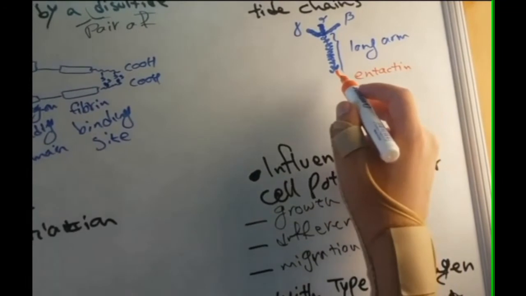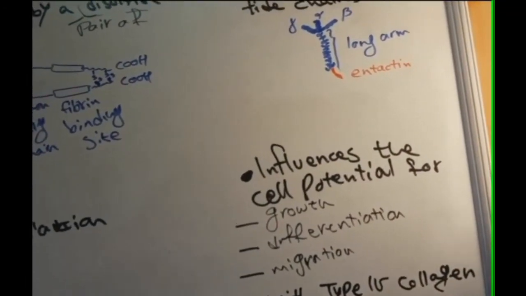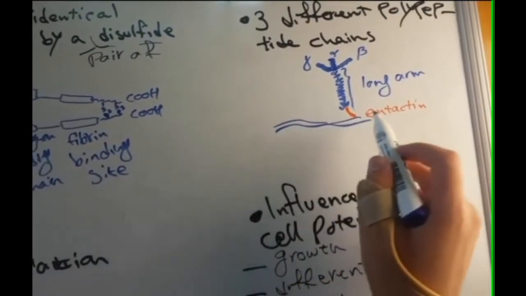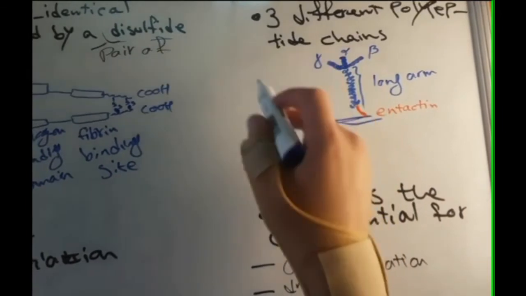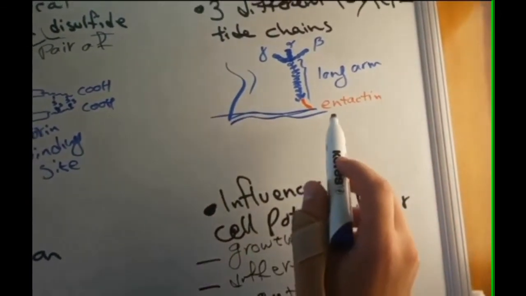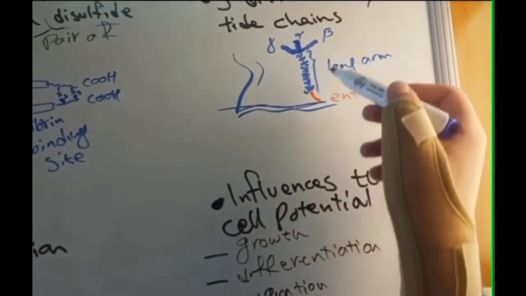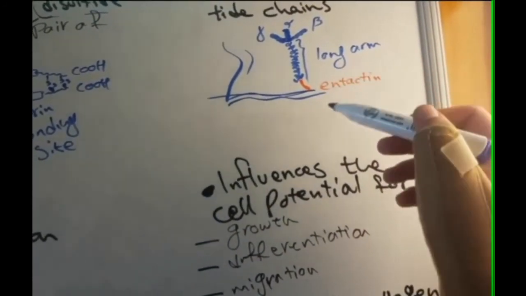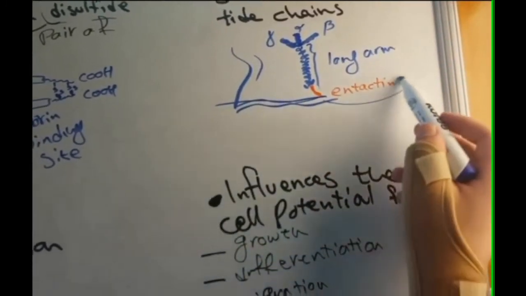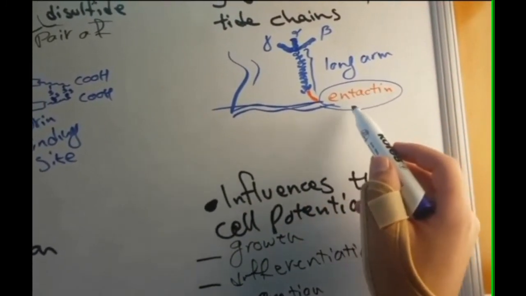For example, here we have our laminin, and here we have our collagen. It's more complex than that, but the idea is that they form an interconnected network via a protein known as entactin.